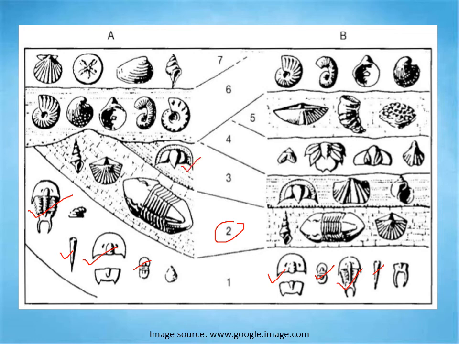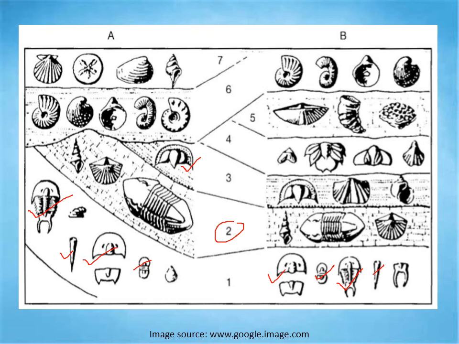This heterogeneity in fossil occurrence might be due to some depositional energy condition variation. It may be due to bathymetry, or due to salinity variation. So the fossils found in the right hand side are not all present in the left hand side.